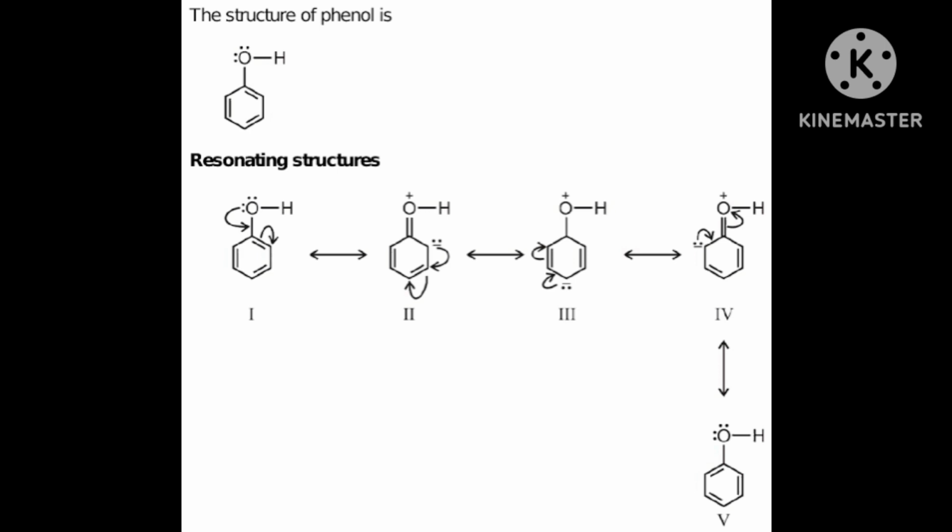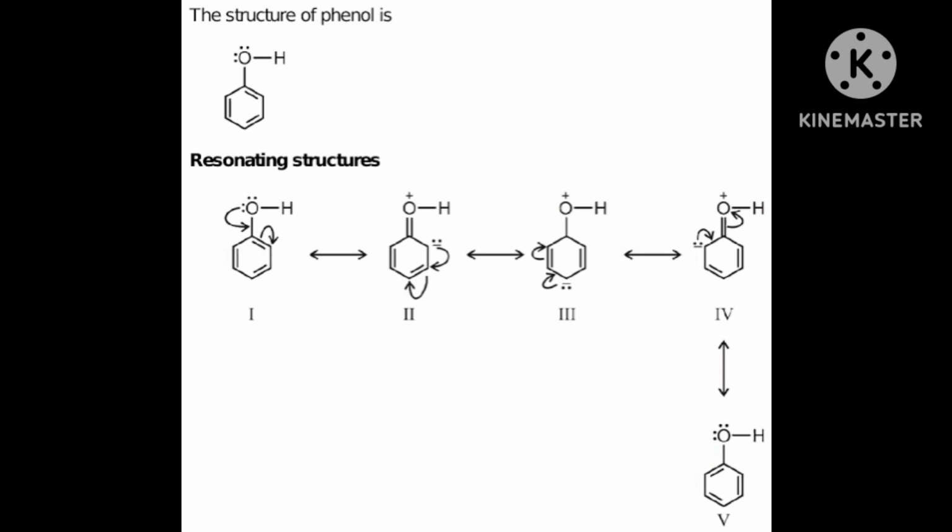And what was the double bond between C and O will become a single bond. Then again you will get the original structure. Only the double bond rotated.